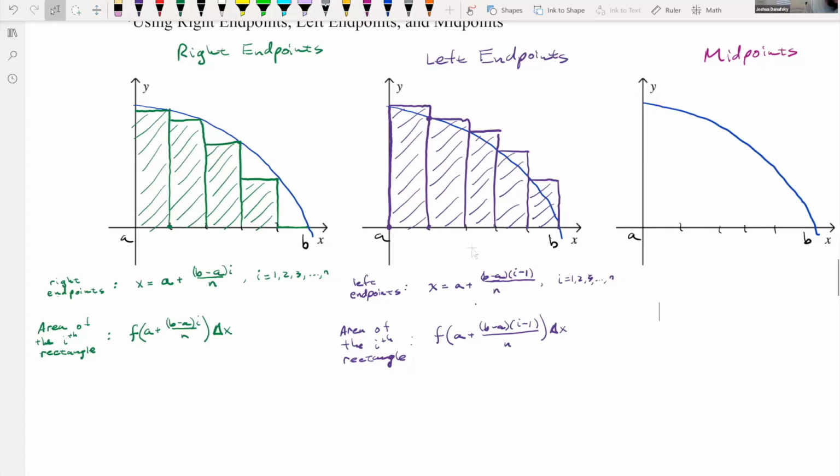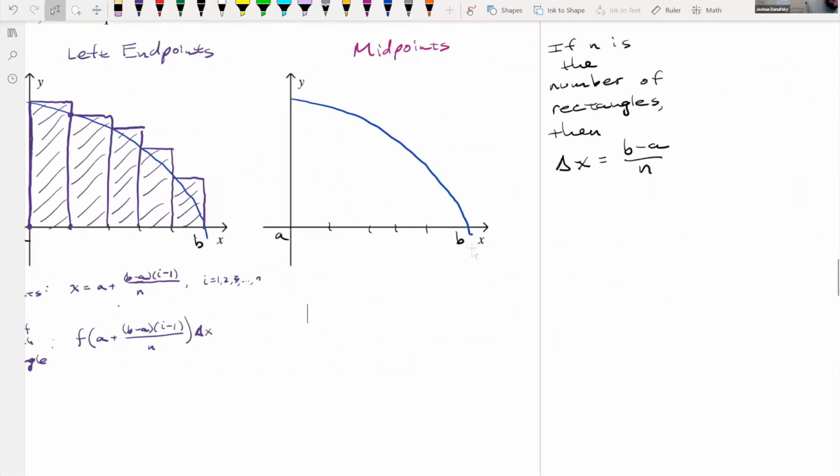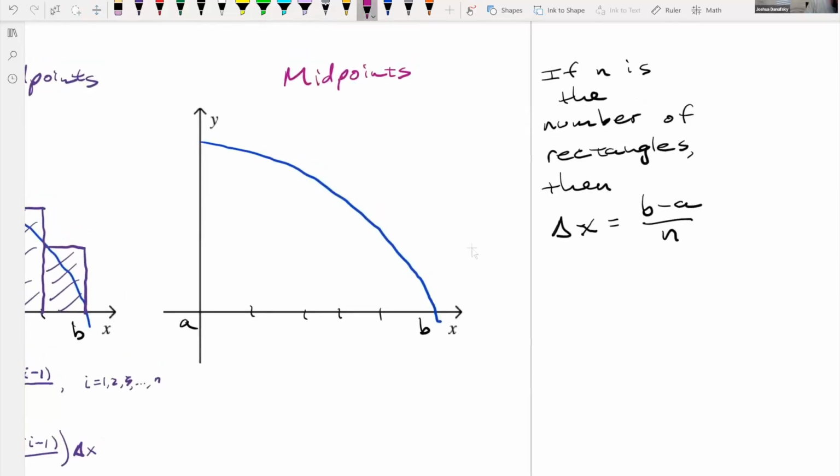There's one more setup here, which I'm going to talk about briefly, and that's dealing with midpoints. The idea is that we start at the midpoint of a subinterval like this, and we get the height of our rectangle from that value, like this. And then we do the same thing, midpoint of the next interval, and then we get the height of our rectangle there.